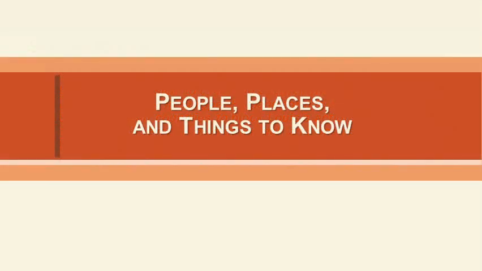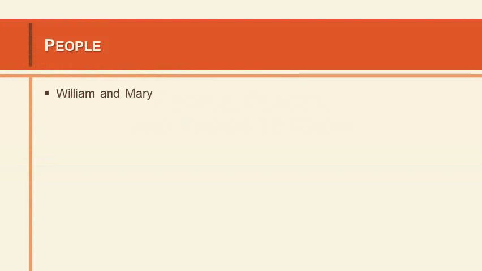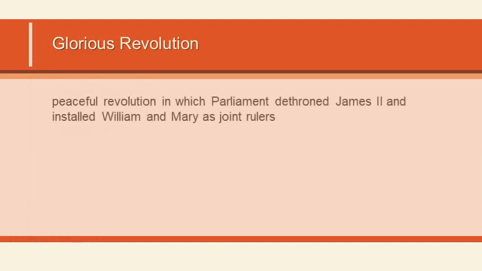All right, for this section, you need to know William and Mary, the end of section 3, Maria Theresa, William Pitt the Elder. Remember, he's the Englishman who decides to give assistance to what country? What was the Glorious Revolution?